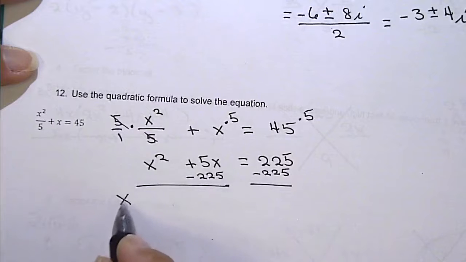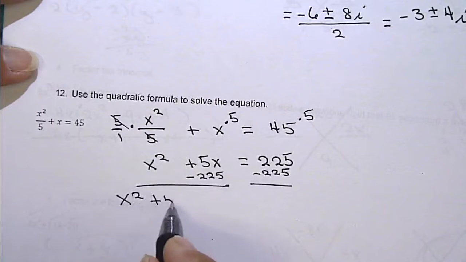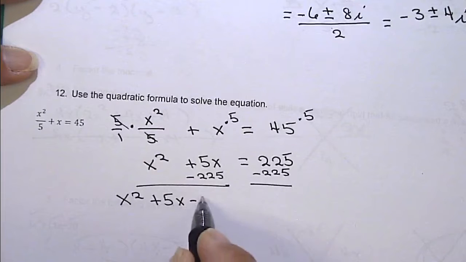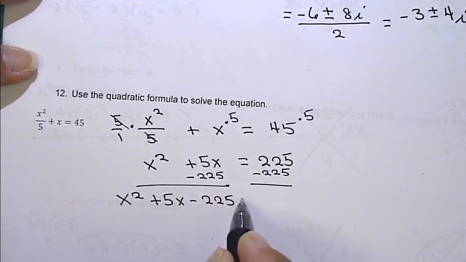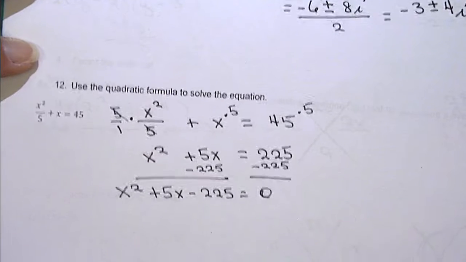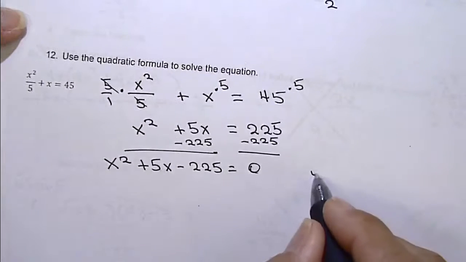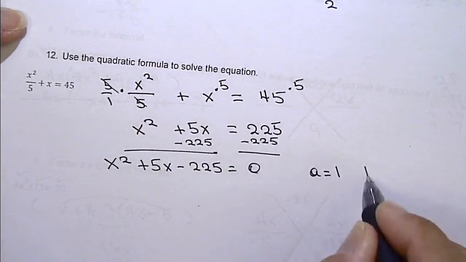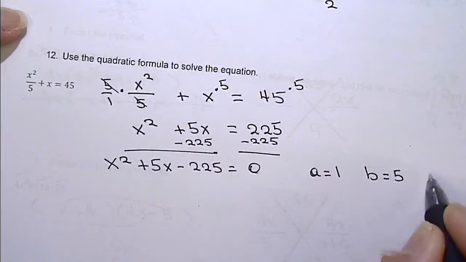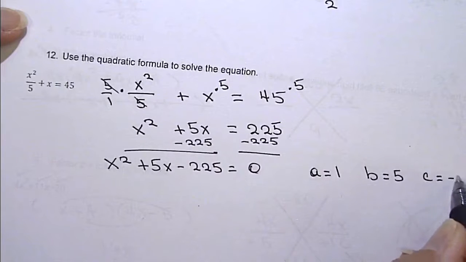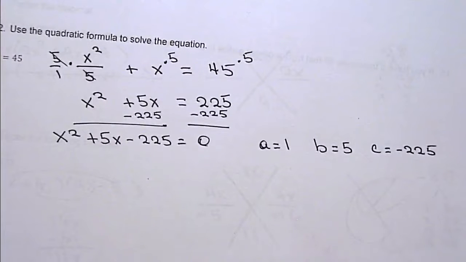So I got x squared plus 5x minus 225 is equal to 0. And now I'm ready. A is equal to 1. B is equal to 5. C is equal to negative 225. I'm not going to have some easy numbers, but that's the way it works, right?